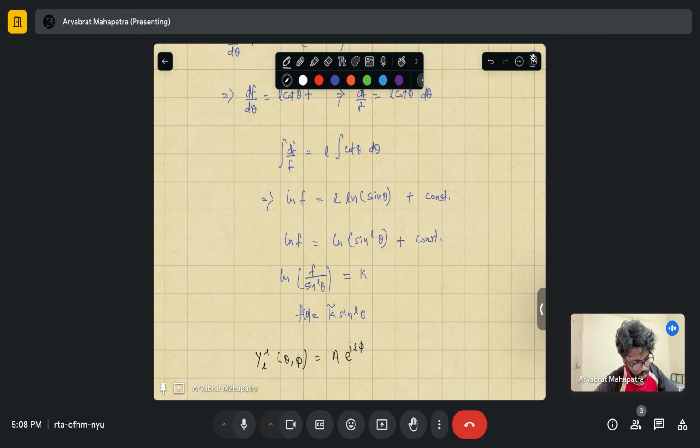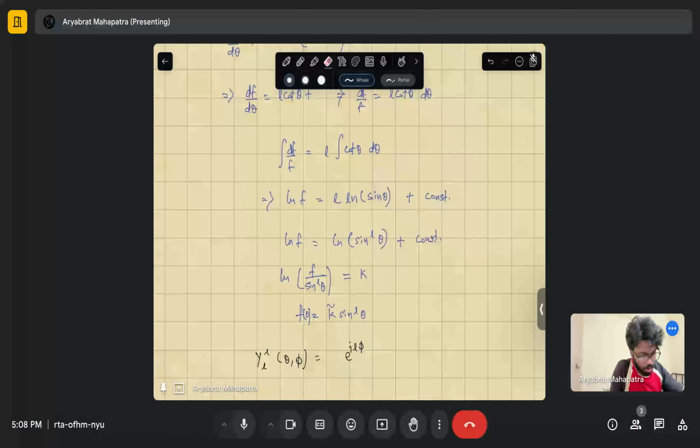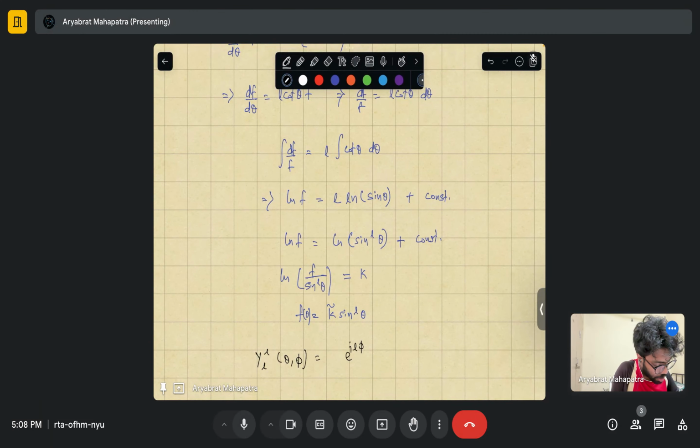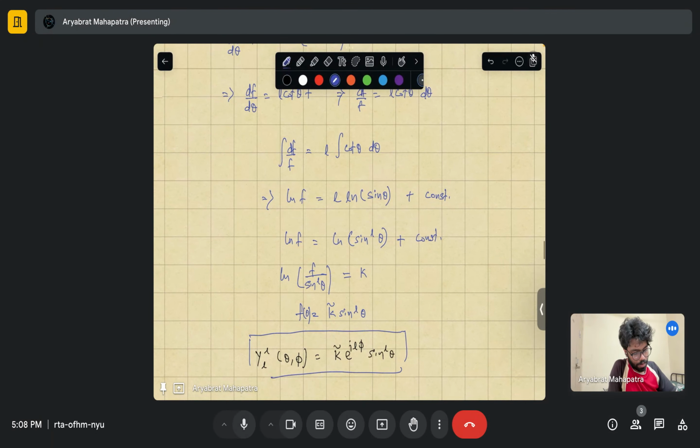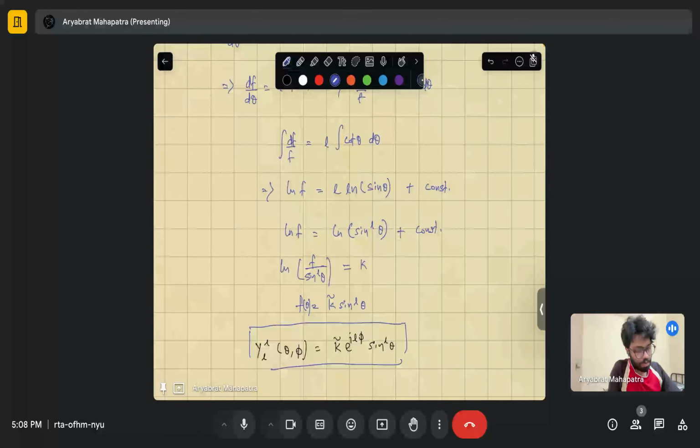Let me write this constant, I'm calling it k tilde, e^{iL phi} sin^L theta. So this is how you will get the explicit form of Y_L^L(theta, phi).